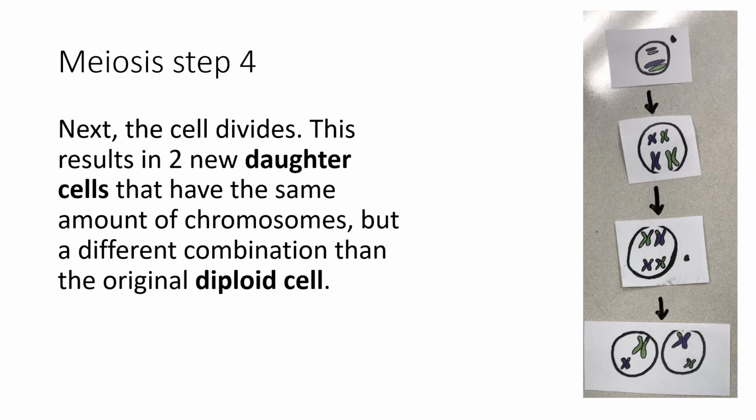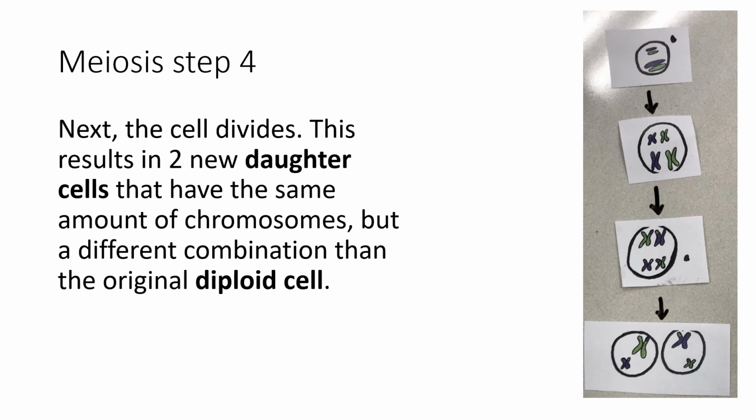The big thing to note here is that each one of these cells is going to get a set of sister chromatids. So we have to have one large, one small in each cell, because we started out with 2 large ones and 2 small ones in our cell.